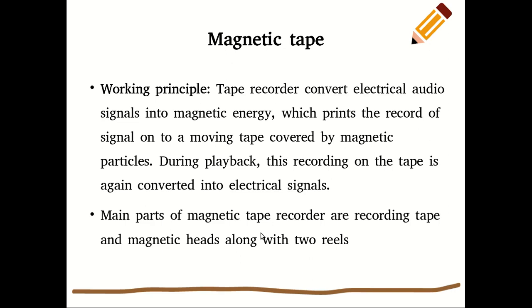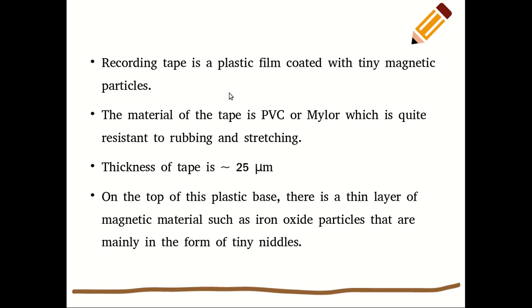As we have said, the main parts of a magnetic tape are the recording tape and magnetic heads. A recording tape is nothing but a plastic film. Mainly the material used is either PVC or mylar, and the requirement is that this material should be quite resistant to rubbing and stretching.